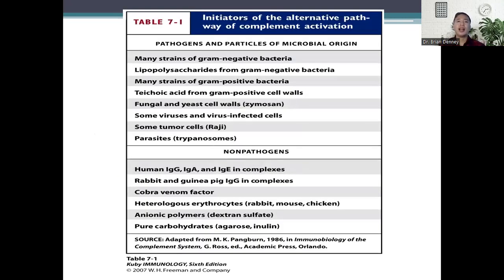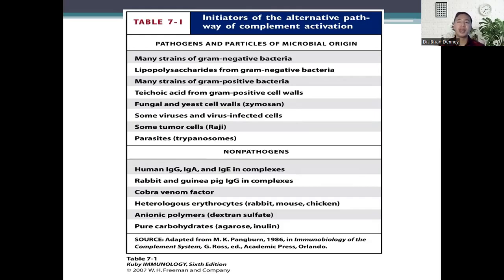This table shows you the different activators of your alternative pathway. I showed a more or less similar table in the classical pathway, but it's quite different in your alternative pathway. If you can observe, this table enumerates the different components of specific bacteria.